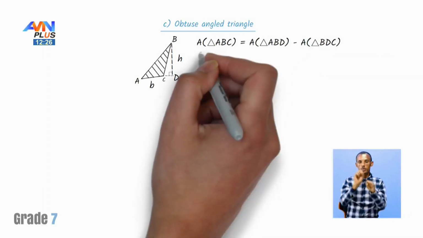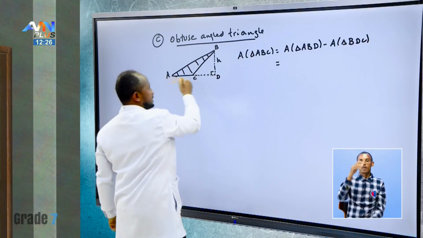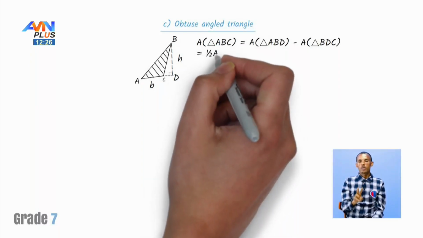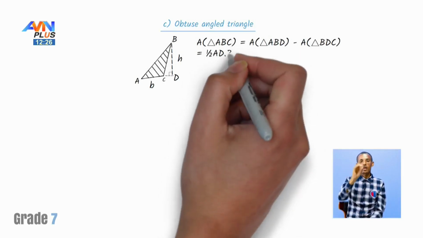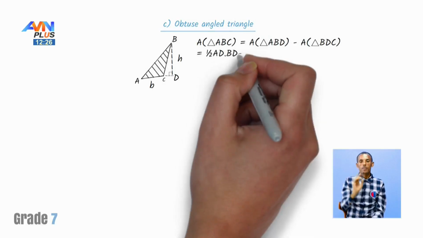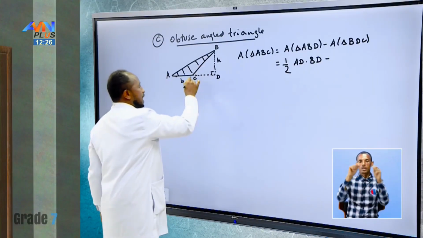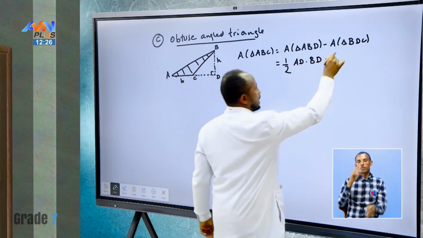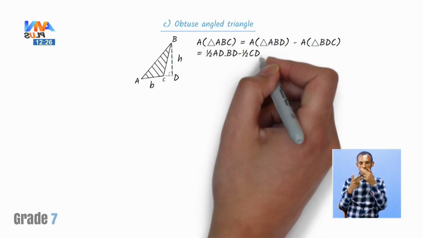Area of triangle ABD is simply half times, since it's a right angle triangle, the base AD times the height BD, minus the area of this triangle, half times CD times BD.